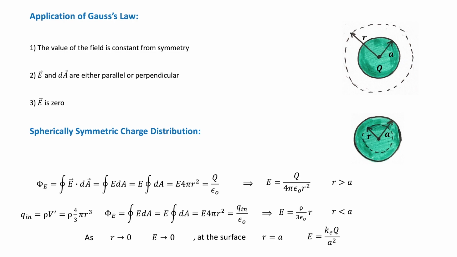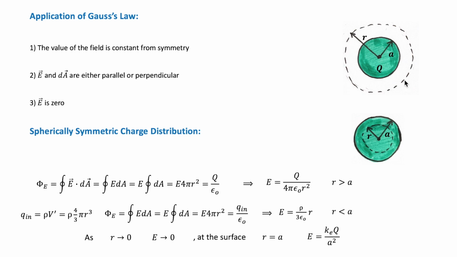So first, we will consider a spherically symmetric charge distribution. Consider an insulating solid sphere of radius a and uniform charge density ρ, okay, and total charge Q. Because the charge is uniformly distributed, it has spherical symmetry, and we can choose a spherical Gaussian surface of radius r that is concentric with the sphere.